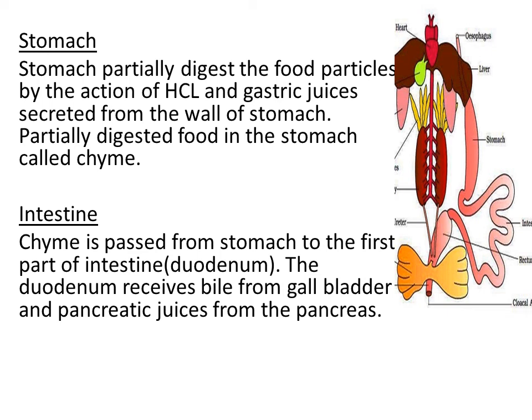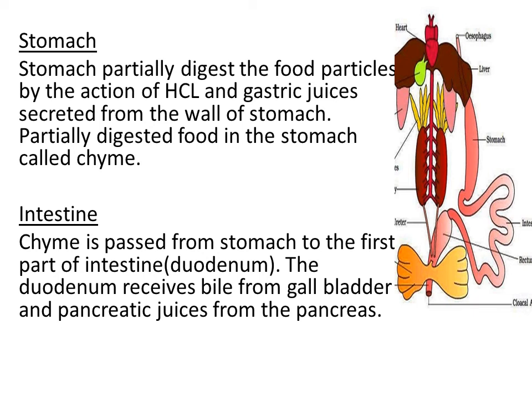So finger-like foldings are present in the intestine, and that helps in the absorption of food. These finger-like projections are called villi. So villi are the finger-like folds. These finger-like folds absorb the completely digested food in the intestinal region, right?